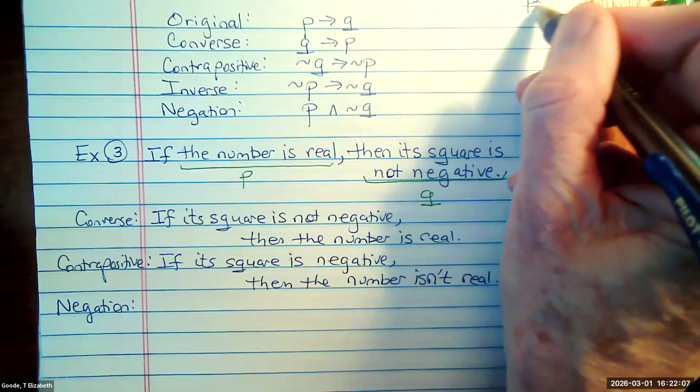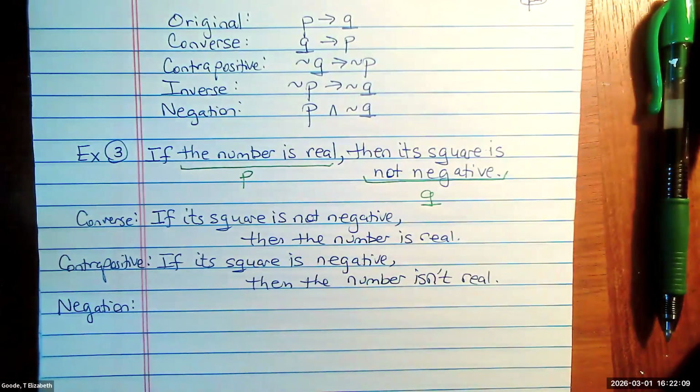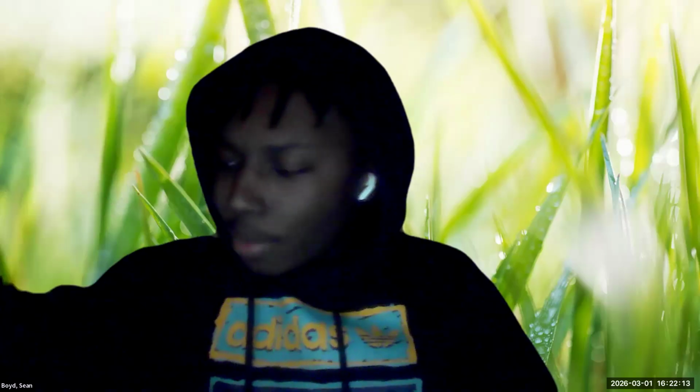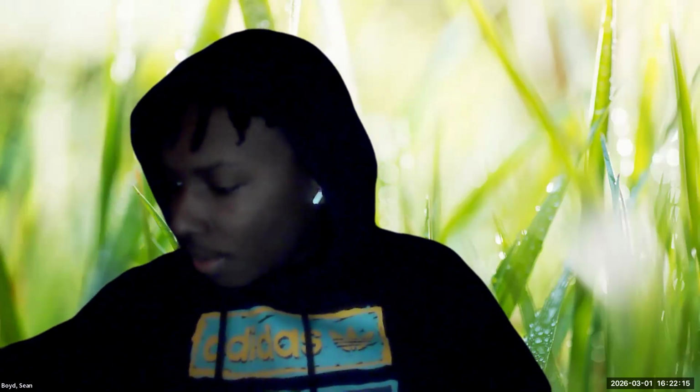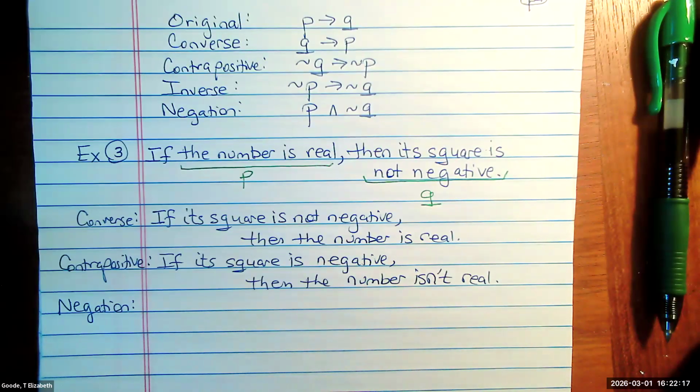Do you remember that every if-then statement is actually universally quantified? Yeah, I remember you talking about that. When we negate a universally quantified statement, what is the quantifier of the negation? It gets switched to existential, that's right.